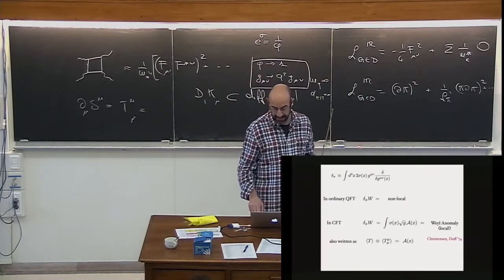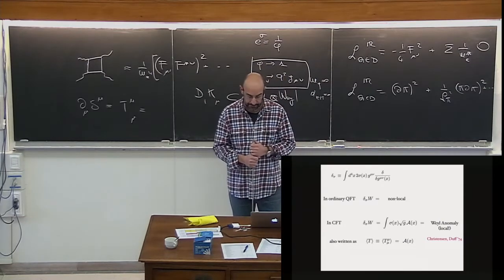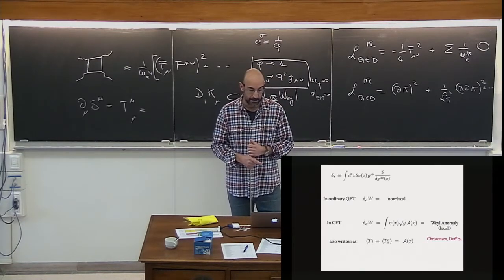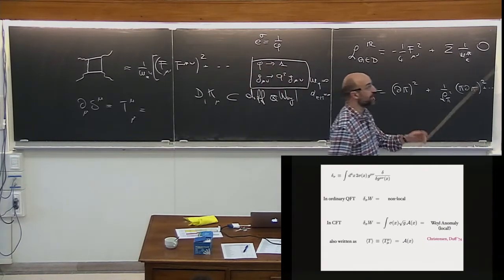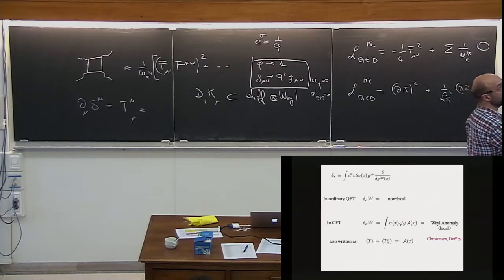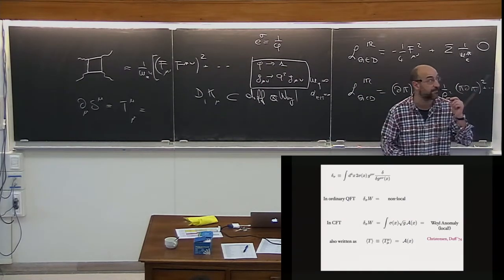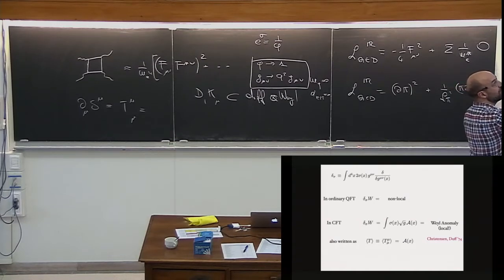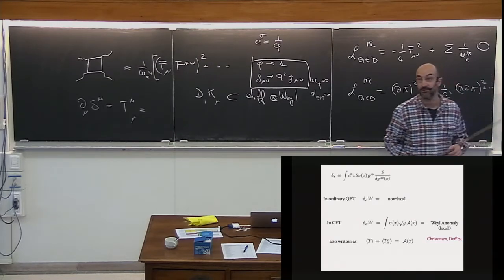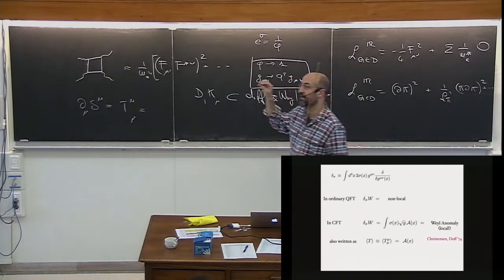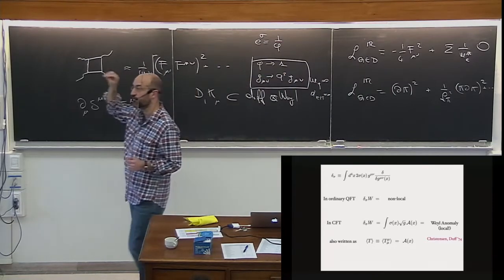Okay, and if these were non-local, you understand it very well. If these were non-local, the variation of the action with respect to sigma here amounts to an insertion of the trace of the energy momentum tensor. So the variation with respect to g mu nu times g mu nu is an insertion of T mu mu.